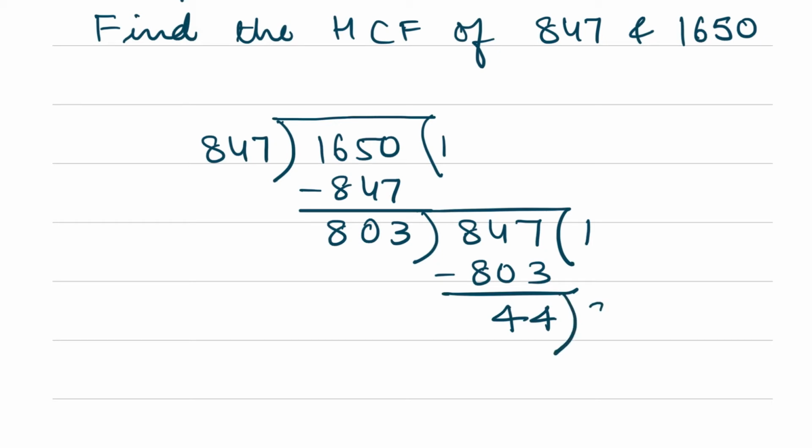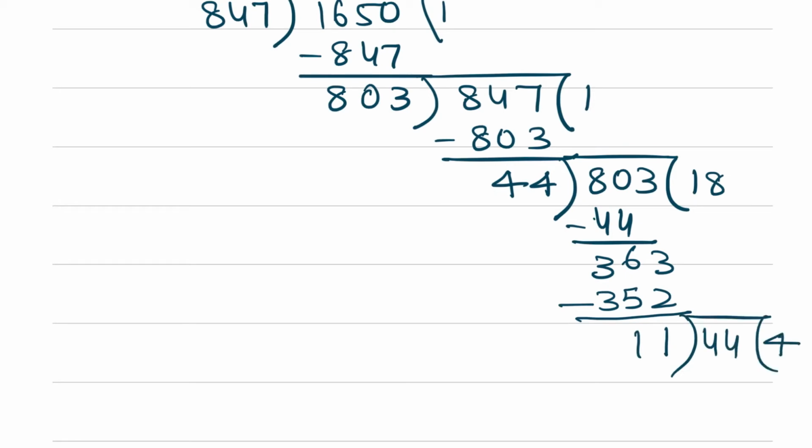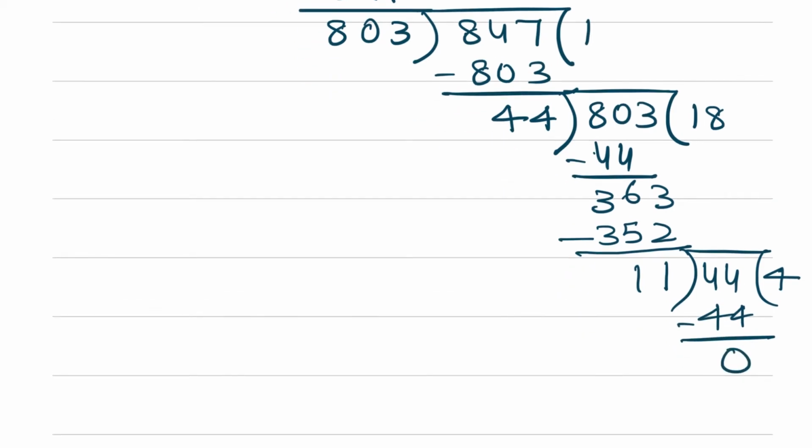So again this becomes the divisor and the dividend is 803. So this goes 1 time 44, we get 8 times, so 792 and 35. So subtracting, we get 11, 44, so 4 times and 44. So this remainder is 0 here. So 11 is the HCF. Therefore HCF is equal to 11. That's the answer. Let's do one more.